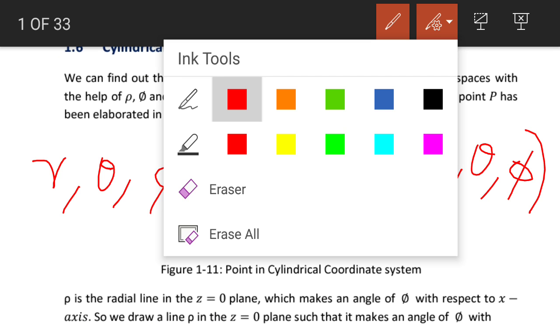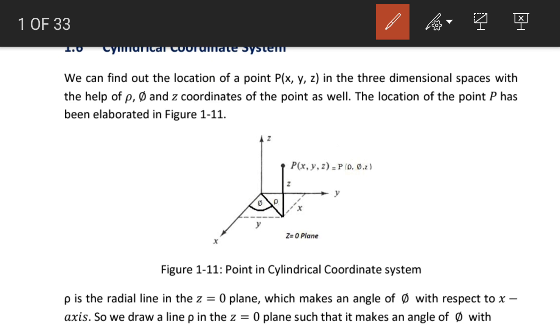So you see, if we connect these two points, this radial line will be represented by r, and the angle of this radial line r with respect to the z-axis will be represented by theta.